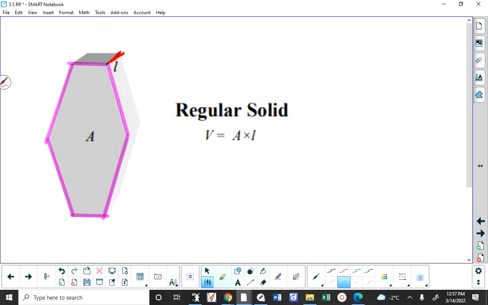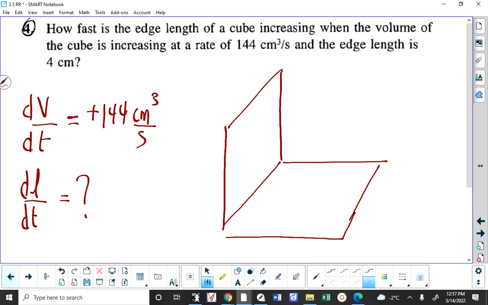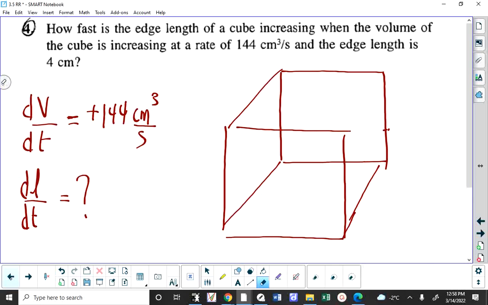But what I'm getting at is that if I have a cube, it has a base that is a square, and it has a height that is equal to the length of the base.